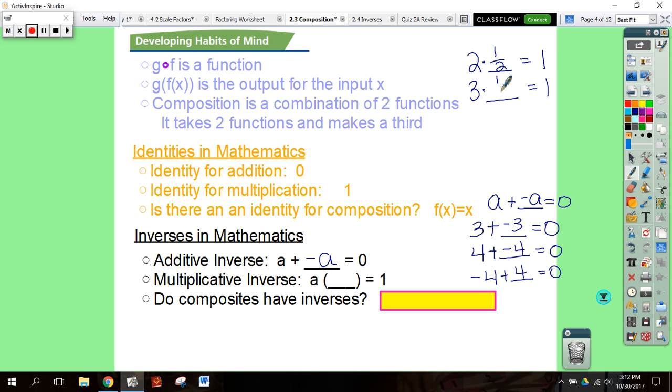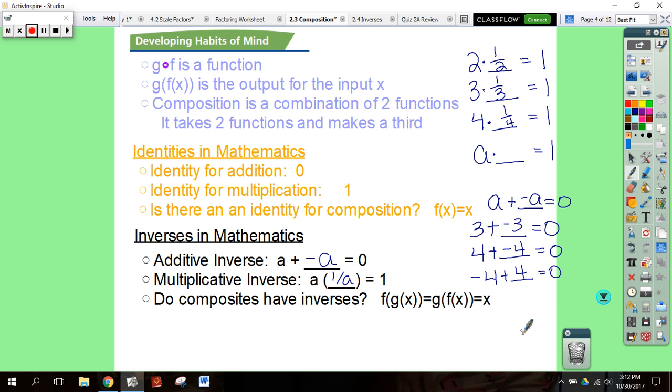For 3, you would take 3 times 1/3 to get 1. For 4, you would take 4 times what to get 1? 1/4. So if you had A times something to get 1, what would go here? It would be 1 over A, okay?